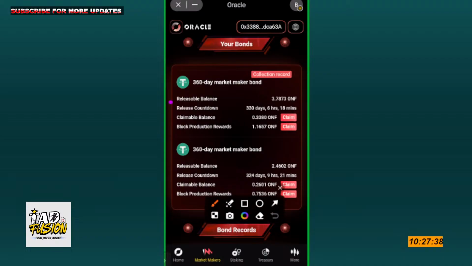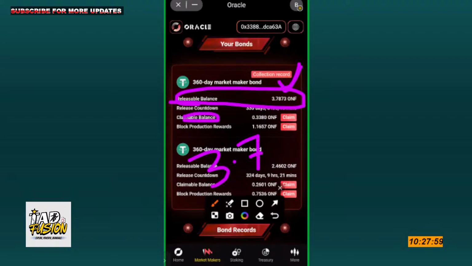For example, in my dollars that I bought the bond, I got 3.7 coins of ONF, which is my claimable balance. These tokens keep on reducing, and when they reduce, they are coming here.